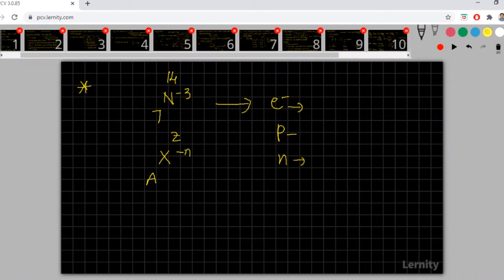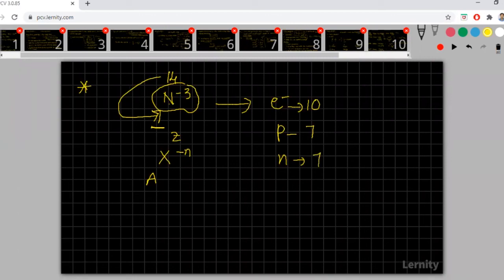What is the meaning of minus 3? Minus means gain of electrons. First check the atomic number: 7. That means protons 7. Now 3 electrons are added. Already 7 are there, and they have added 3, so 7 plus 3. How many electrons in total? 10. Now to calculate the n value, 14 minus 7, then it is 7.